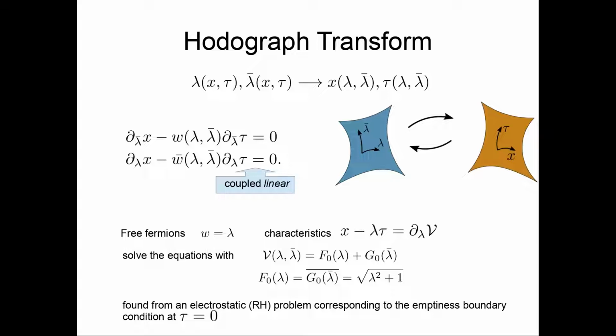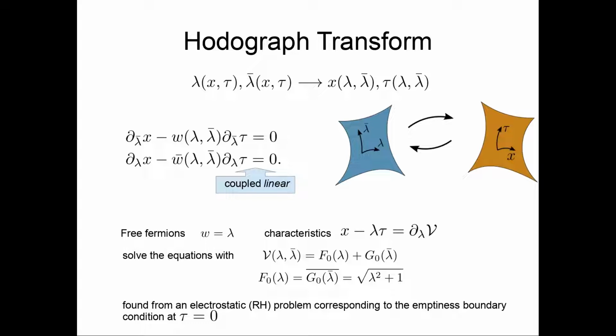That's the solution found by Abanov, and this describes emptiness as its derivative goes like 1 over square root of lambda squared plus 1, so it diverges. For lambda going to infinity, it corresponds to x equals 1.